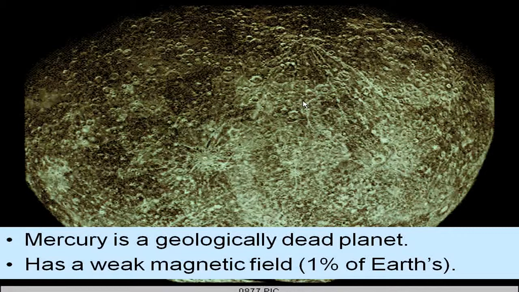It has a weak magnetic field, which is a little bit surprising, since it spins so slowly, which kind of means that its interior must have a lot of iron, suggesting that its molten interior is much larger than that of the Earth's, hence allowing it to have this 1% of the Earth's magnitude of magnetic field.